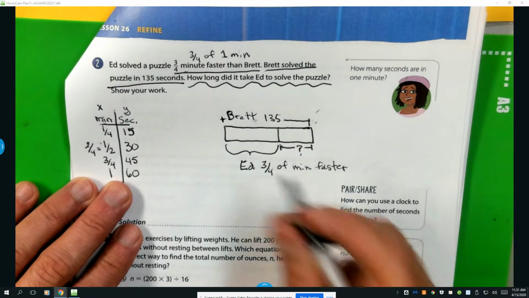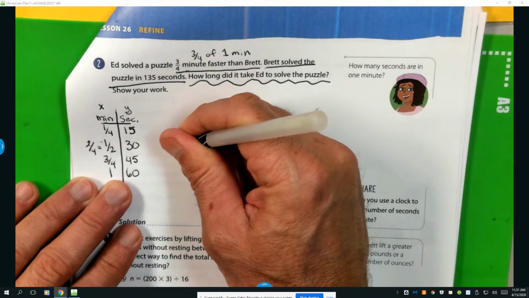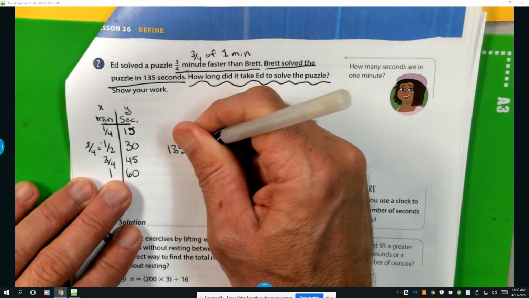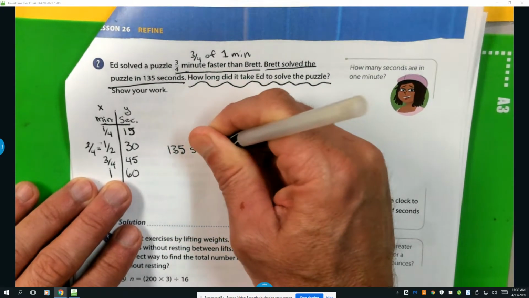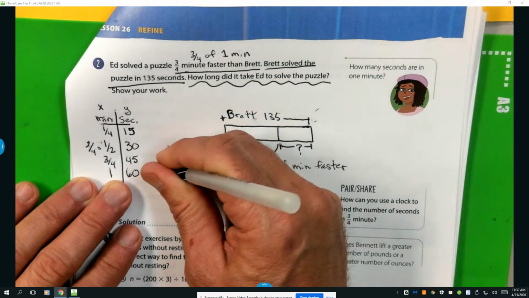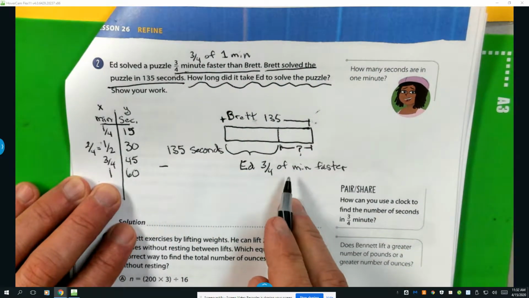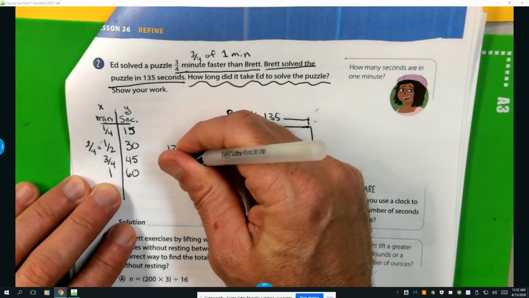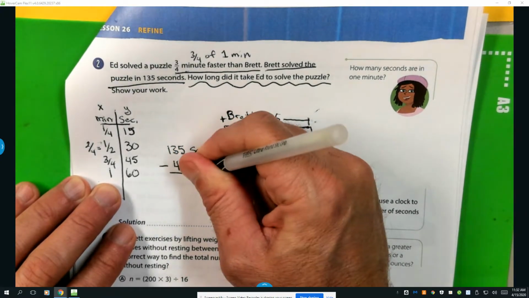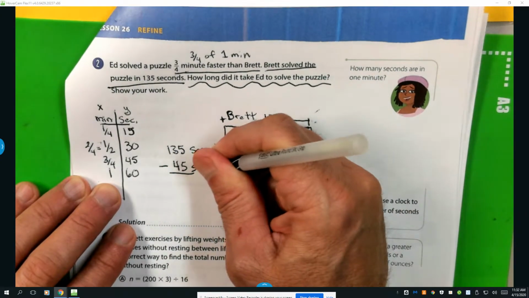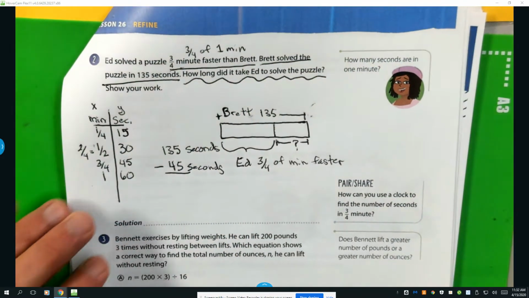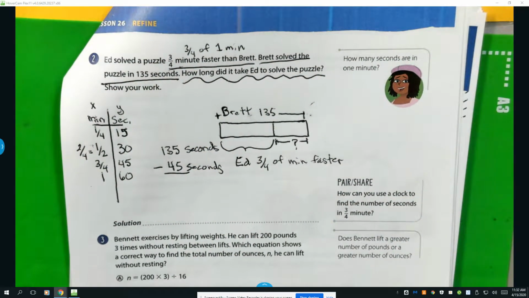So I'm going to take Brett's 135 seconds minus, well, what's 3/4 of a minute? 45 seconds. I'm going to give you a little pause right here. So 3/4 of a minute minus 45 seconds.